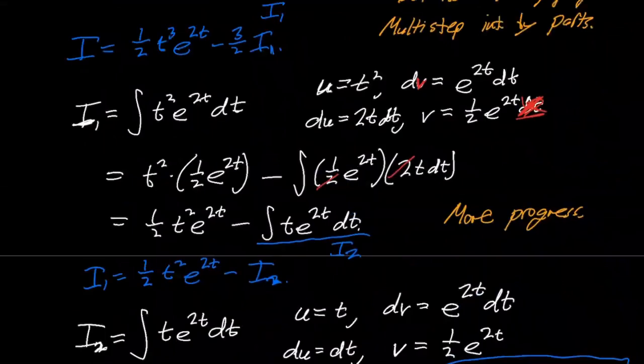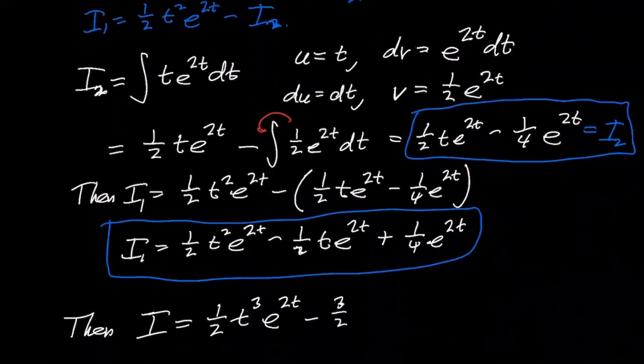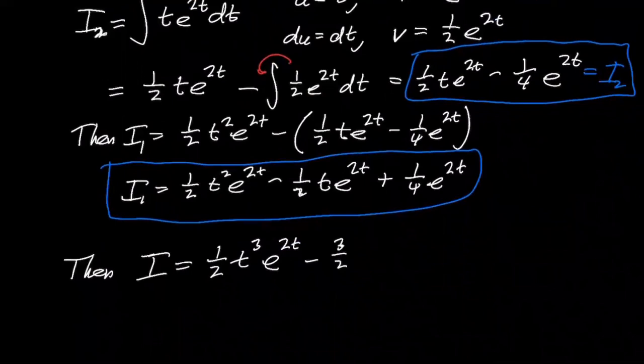Let me just double check that. Yeah, I'm looking at this. Yep, okay. Or plug in the expression for I1. I might have just said I2, but I meant to say I1. So we're going to plug in this expression right here.